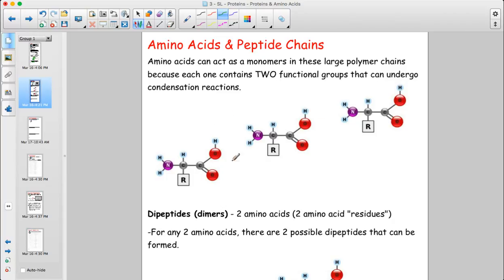So if you think about this amino acid in the middle, it can condense with its amino group with another amino acid if it lines up with that carboxyl end, but its carboxyl group on the other side can then line up with the amino group on the next amino acid, and so it can form links on either side, and so that's why it's successful as a monomer in these condensation polymers, which we call proteins. So it has two functional groups that can condense, and that's why it can work as the monomer.